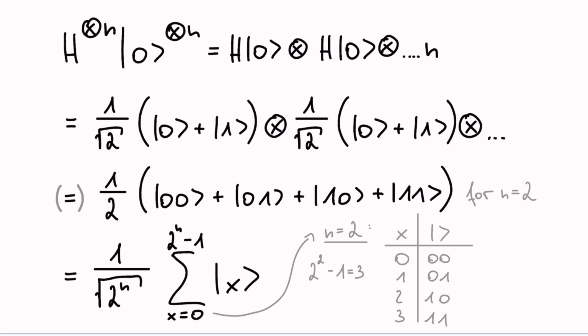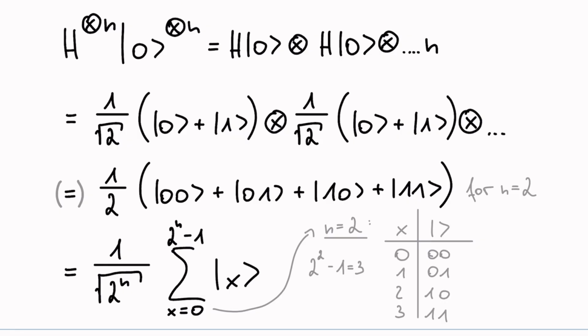And x equals 3, state |11⟩. So we get 1 divided by 2 times (|00⟩ + |01⟩ + |10⟩ + |11⟩). And this is exactly the full superposition of all possible input states for n equals 2. Now let's look at the output qubit.